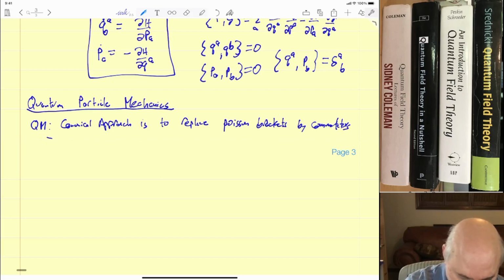So we have the commutator. This is like called promoting variables to quantum variables.